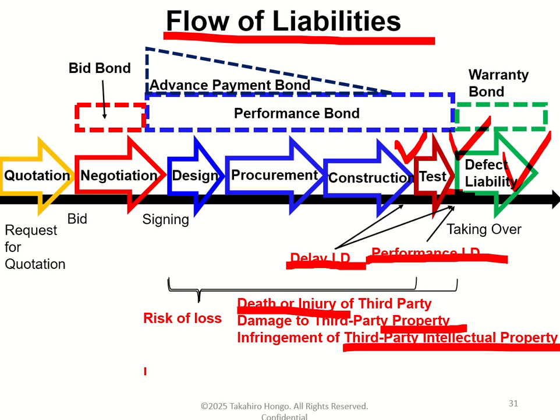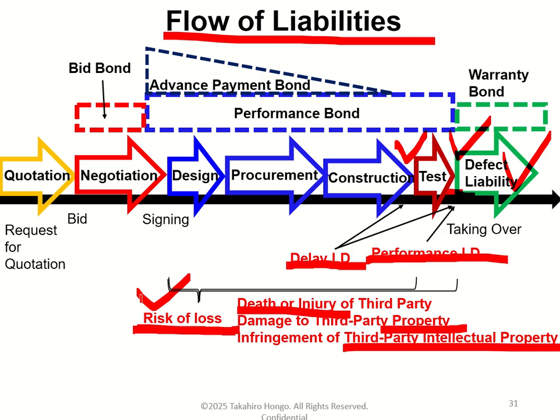And next, the risk of loss. Risk of loss means, for example, an event not attributable to either party damages the plant or the plant is destroyed. In that case, the contractor must repair or replace the plant. Then the question is, which party should bear the cost of repairing the plant?